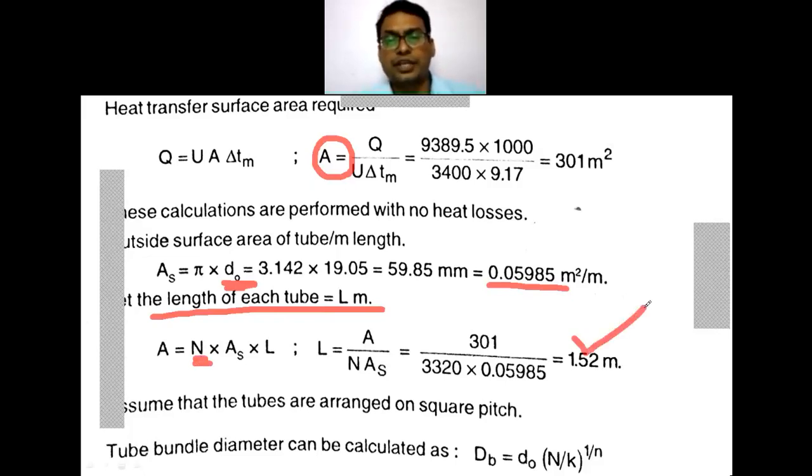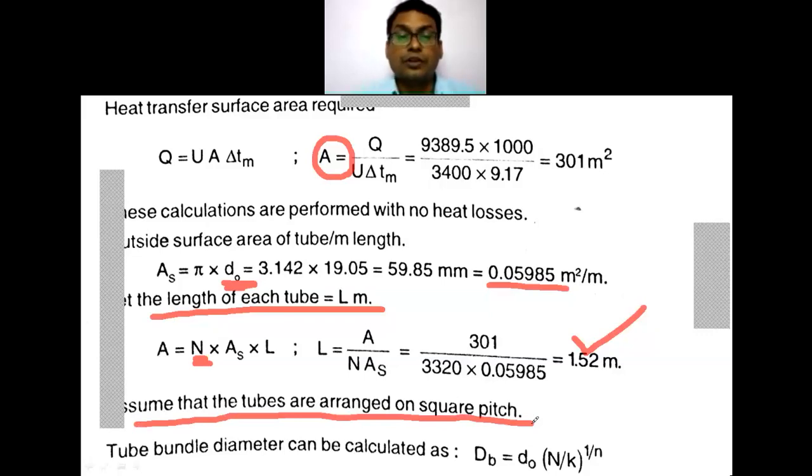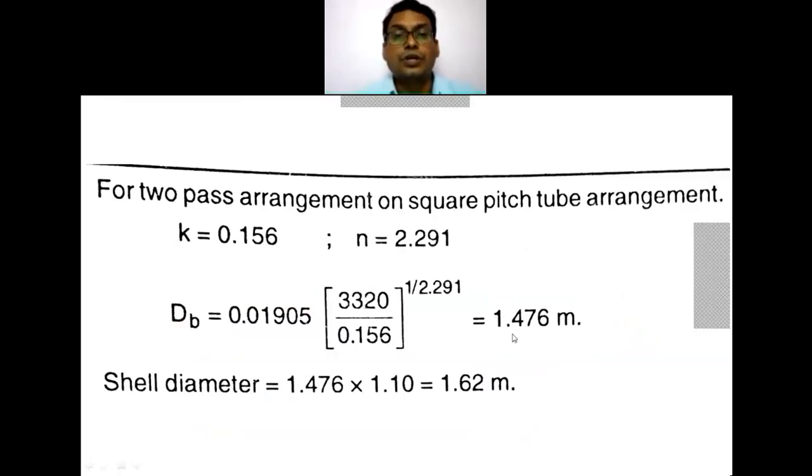Now assume that the tubes are arranged in a square pitch. This is one assumption we are making. The tube bundle diameter can be calculated as dB equal to do into N upon k raised to 1 upon n, where k and n are constants depending on the square pitch arrangement.